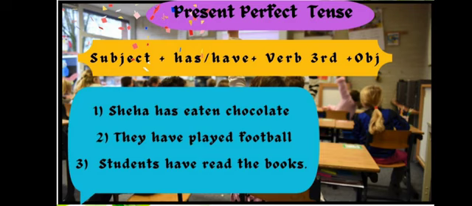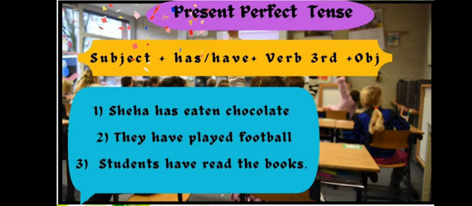So, in the example, what is the subject? Yes, you're absolutely right. Sneha is the subject. Very good. Plus, here has is added. Now, what is the verb here? The verb is eat and its third form is eaten. And what is the object? The object is chocolate.